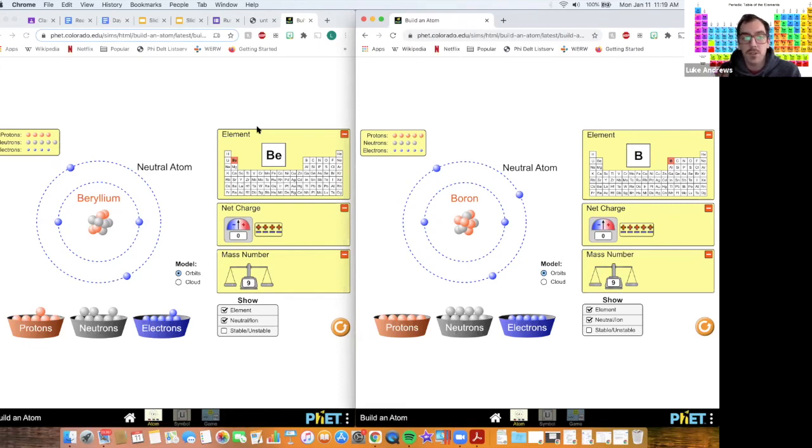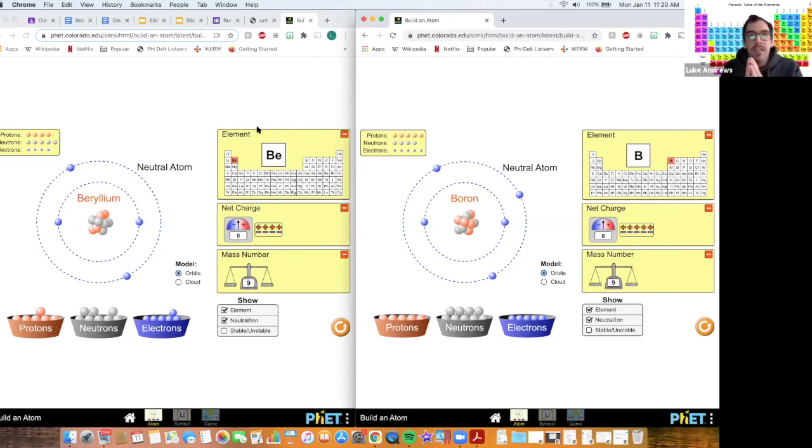We cannot use those terms interchangeably. Atoms refer to the structure. Atoms refer to a nucleus with electrons surrounding it. An element refers to the exact number of protons that an atom has. So if you're saying the elements have the same number of elements, which I saw a lot, that's a circular statement. That doesn't mean anything, right? The atoms have the same number of protons. The atoms have a different number of neutrons, right?